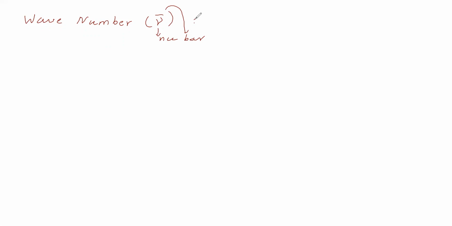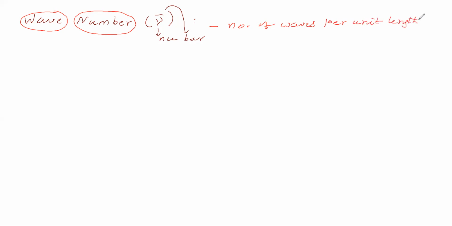How do you define wave number? What is the definition of wave number? Now, the word itself has the definition. This is called a number, and this is called waves. So wave number is the number of waves per unit length.